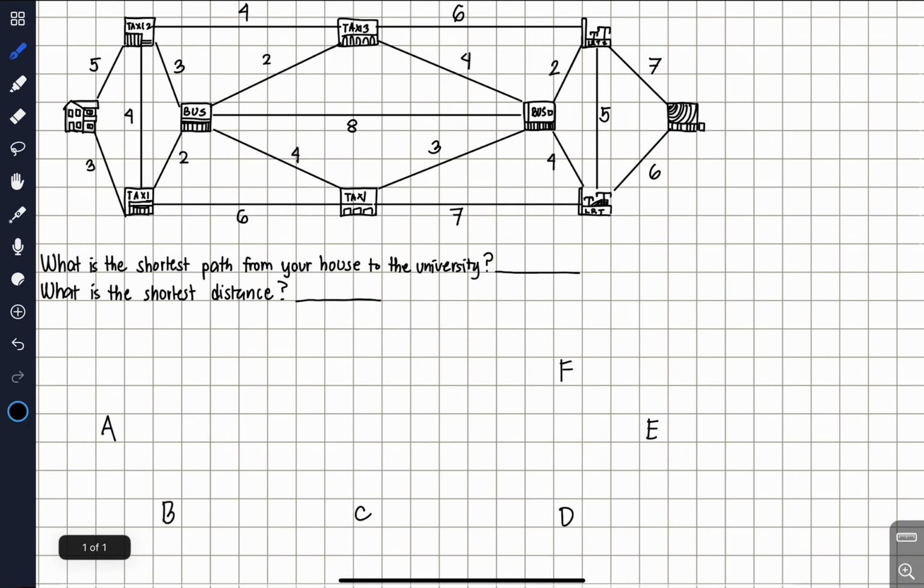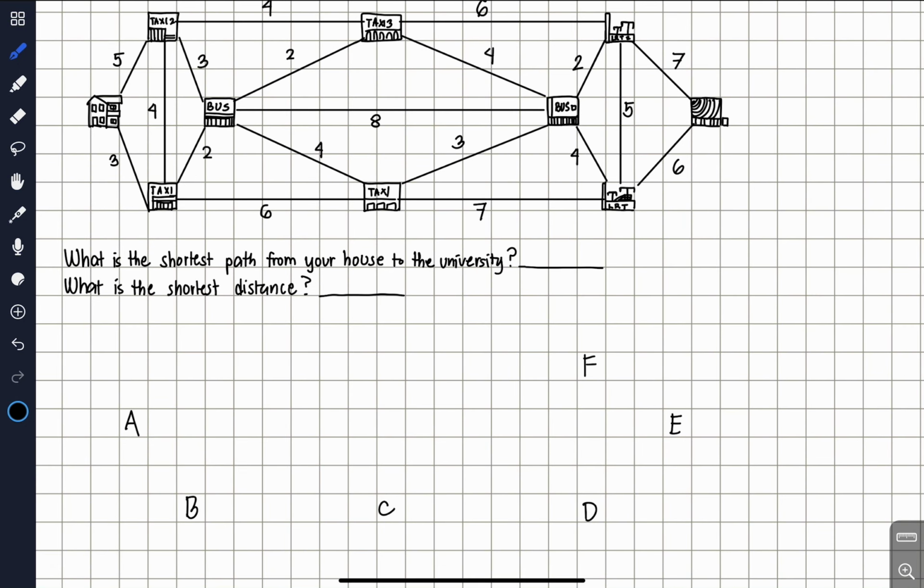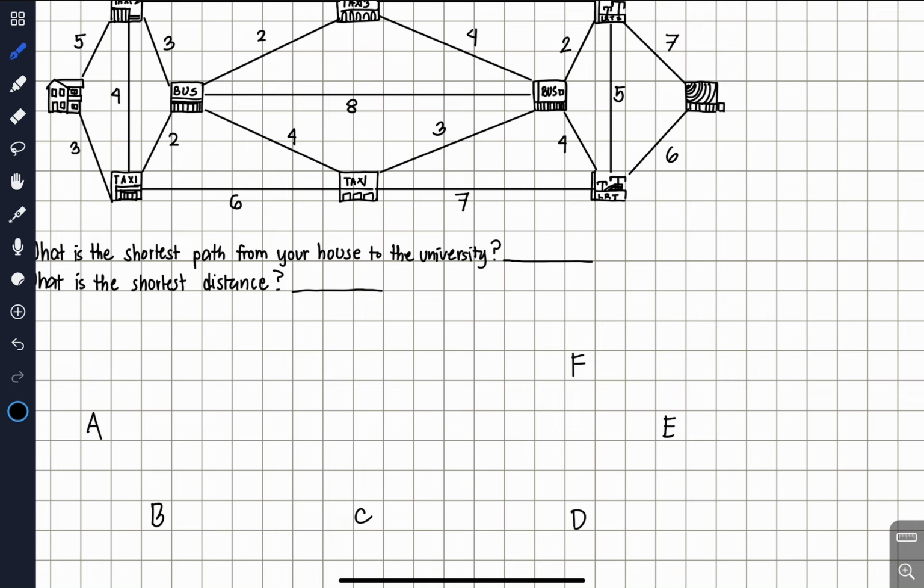Next, we label the bus station as G. Where do we put it? Right here.